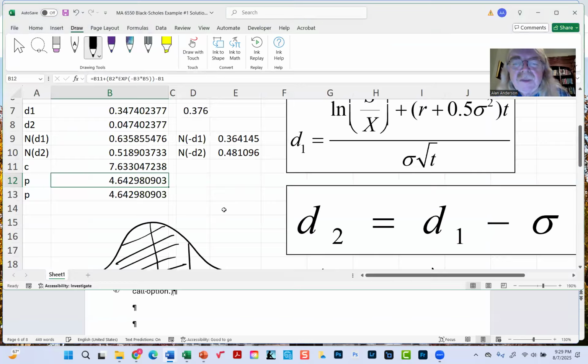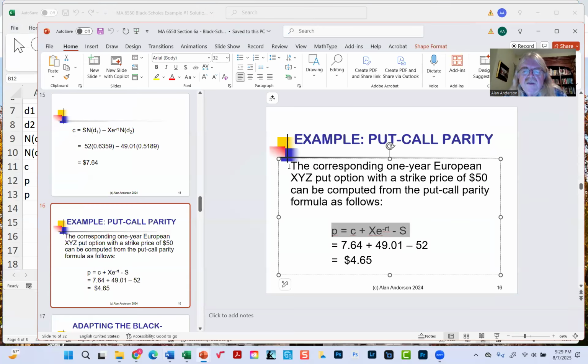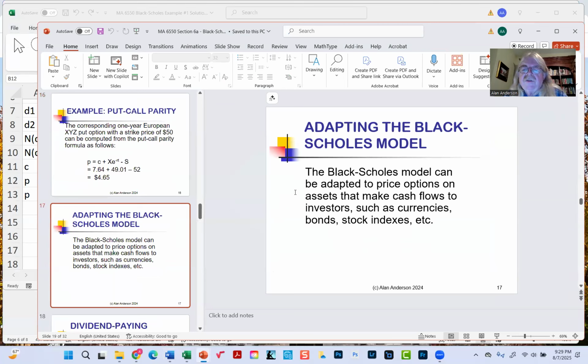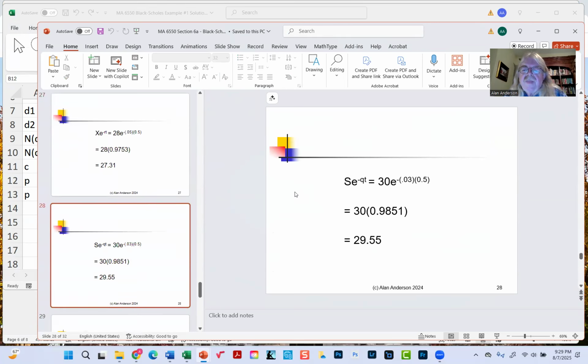So I believe that's in the slides too. Let me just go see where I put it. If not here, it would certainly be another section.